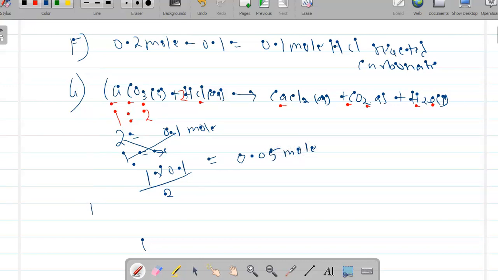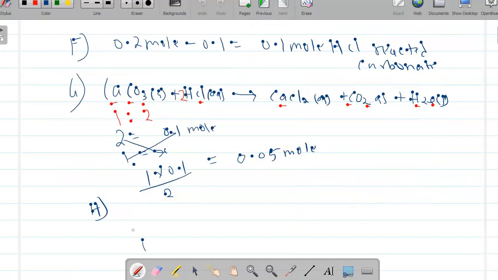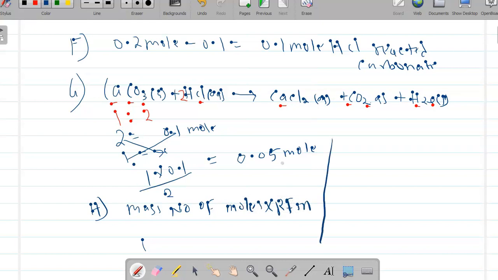That is G. Then we have H. H is asking the mass of the sample of the carbonate. If calcium is 40, oxygen 16, carbon is 12. So to get the mass, it is equal to number of moles times RFM. We have number of moles of the carbonate 0.05.